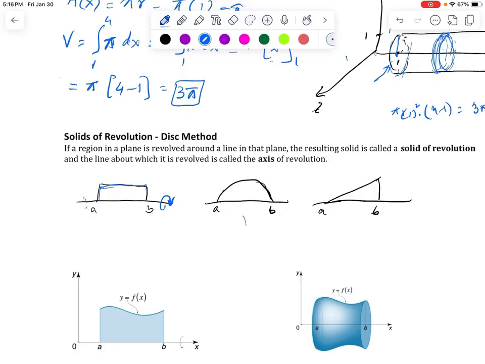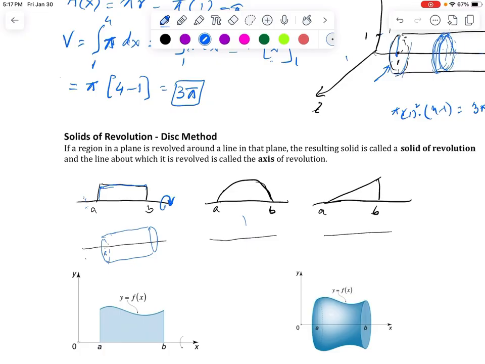But it doesn't matter. What will we end up with? We will end up with this shape. When you revolve it, we'll get a cylinder.